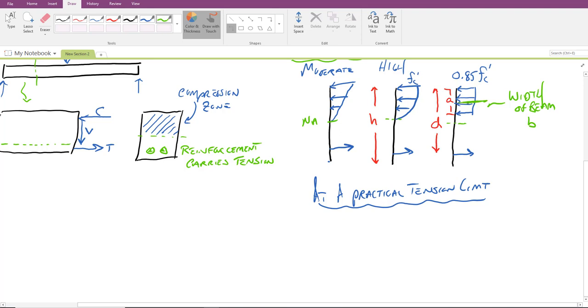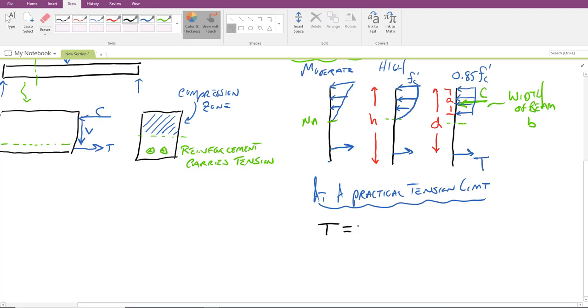We could come up with our equilibrium vector that represents that distributed load, and that would of course be a value of C, and of course our tension would be a value of T down here. All right, at that practical limit, the tensile load, I'm going to go back and erase this. It looks like a lowercase t, but I want it to be a capital T. There we go.